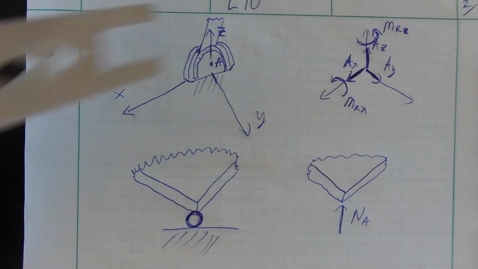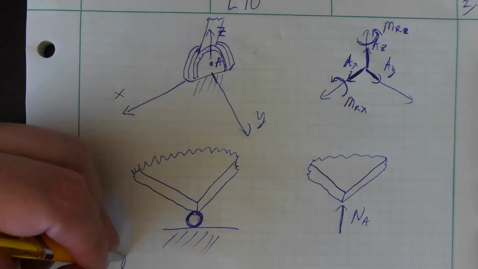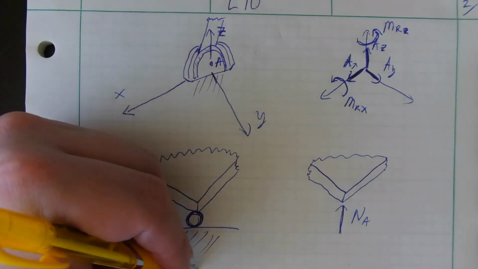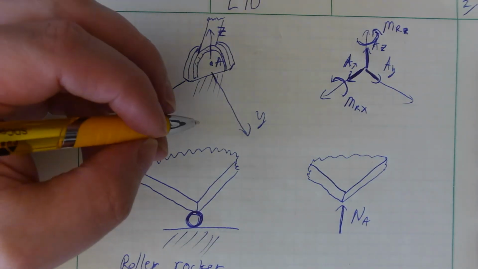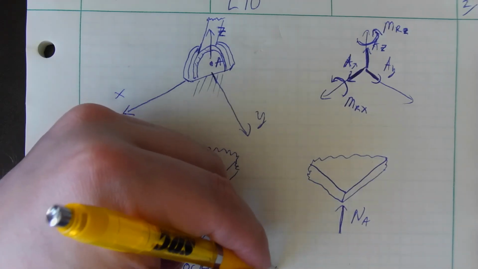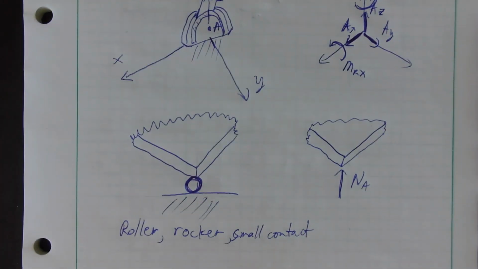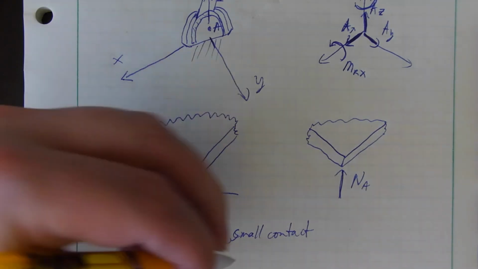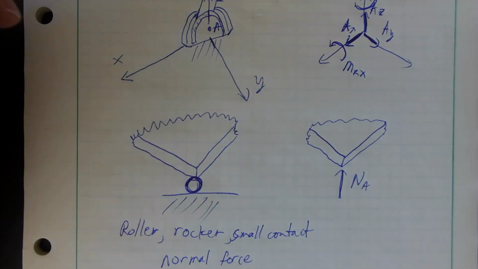So this is true for a roller, what we sometimes call a rocker, basically any kind of small contact. Any of those can only provide a normal force, and it can only push.